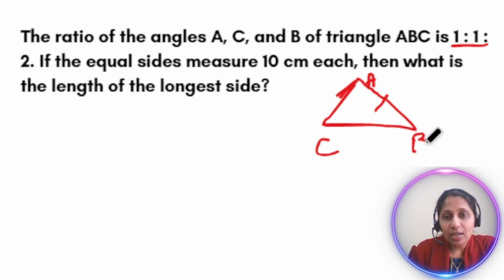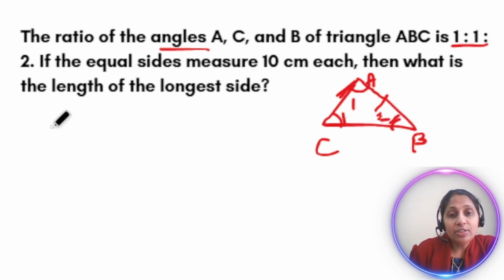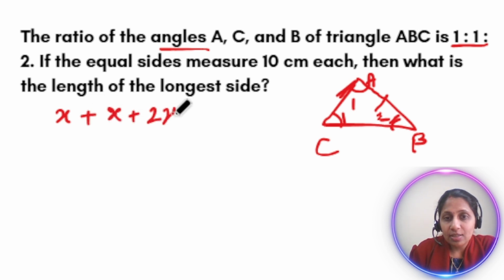Ratio of the angles they have given, ACB, which means 1:1:2. So the sum of the three angles of a triangle is equal to 180 degree. So let's take the angles as x, x, plus 2x, because the ratio is 1:1:2, equals 180 degree.